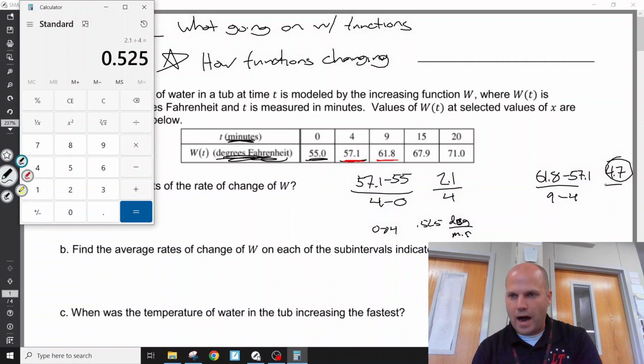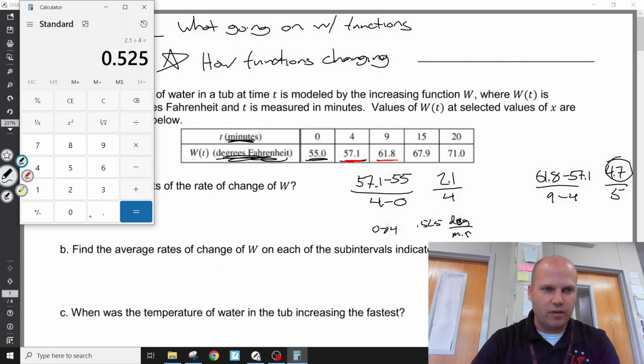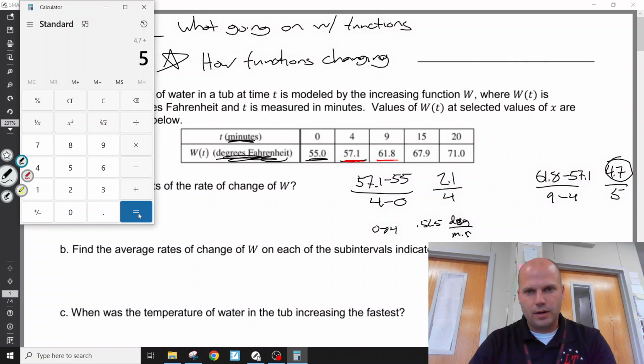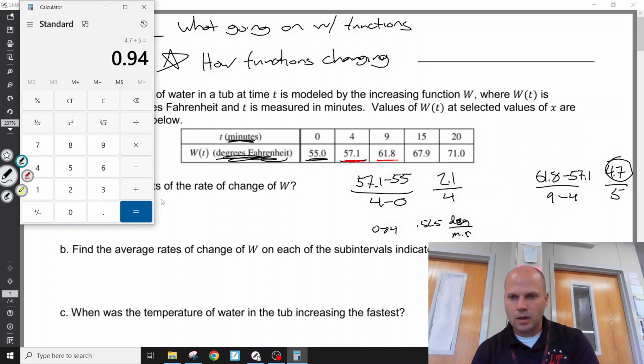So over 5 minutes, I increased 4.7. I still believe that's going to be a greater value than from 0 to 4, but we're able to compare these two numbers.